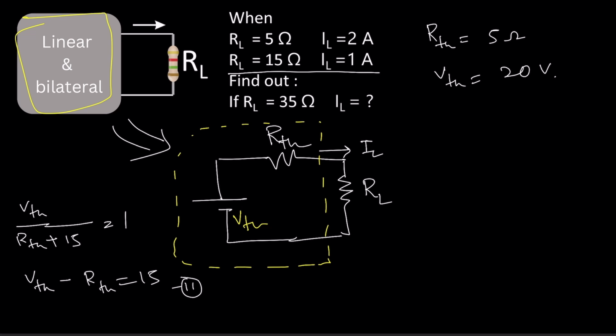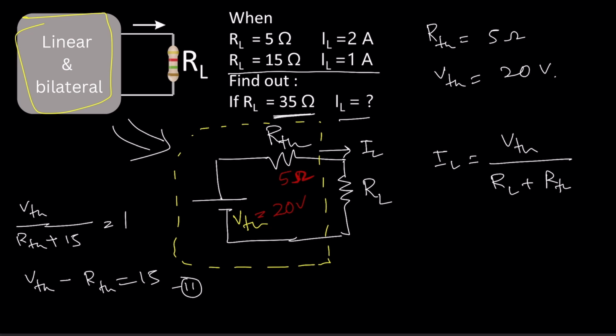That means the value of VTH will be 20 volt and the value of RTH is 5 ohm. Now in the question they ask, if the load resistance is 35 ohm, then what about the load current? The equation is the same. IL equals VTH by RL plus RTH. VTH is how much? 20.